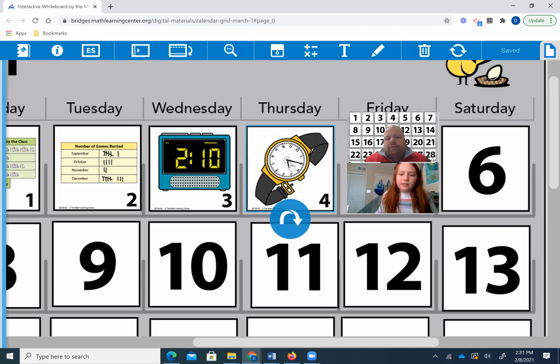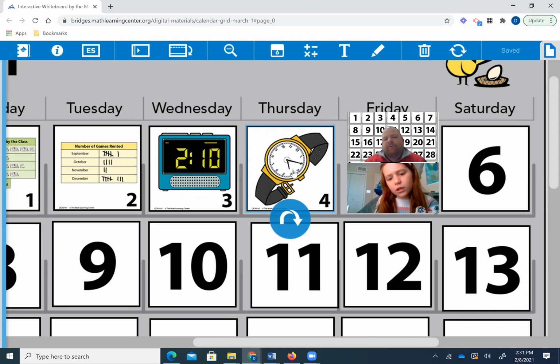And are you able to tell what time it is on this wristwatch? On the day 4? Yeah. I know it's probably hard for you to see. The minute hand is on the... sorry, go ahead. It's on 2 and the minute hand's on 4. No. Well, the short hand is the hour hand.